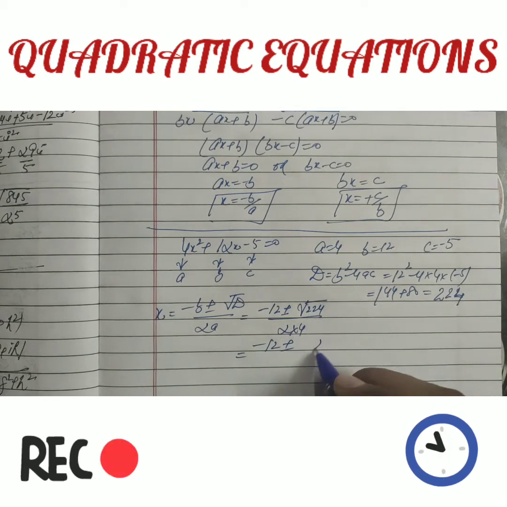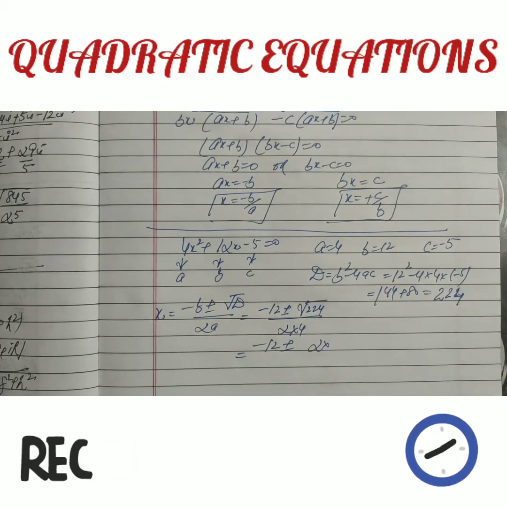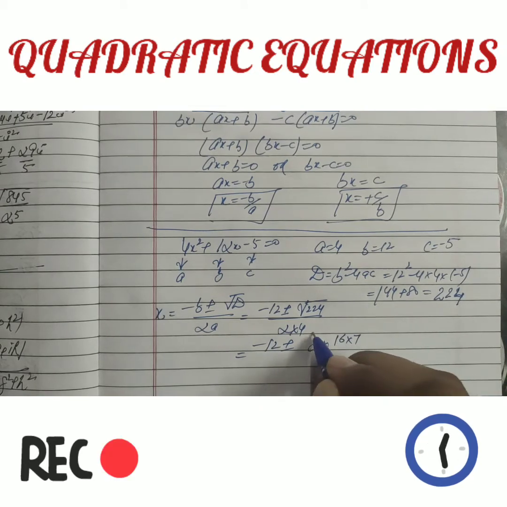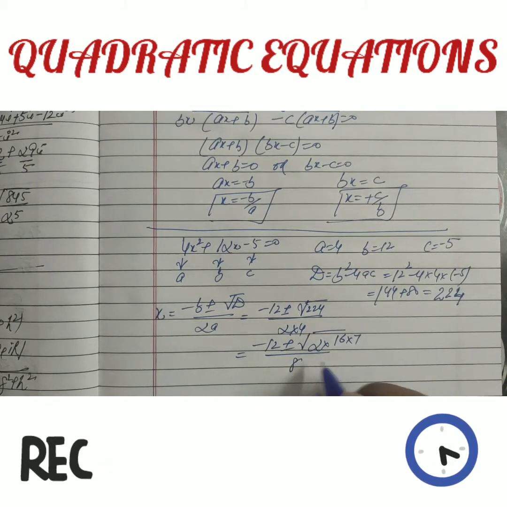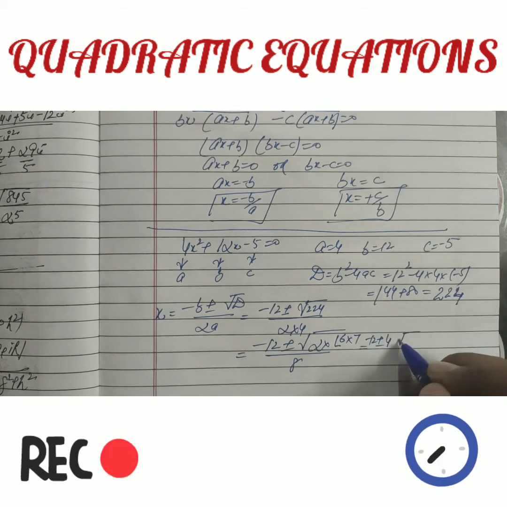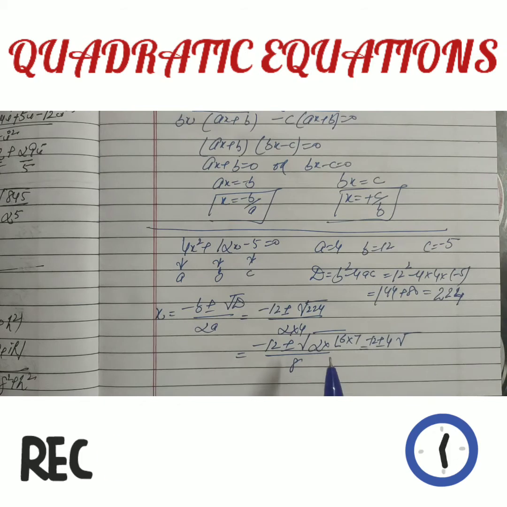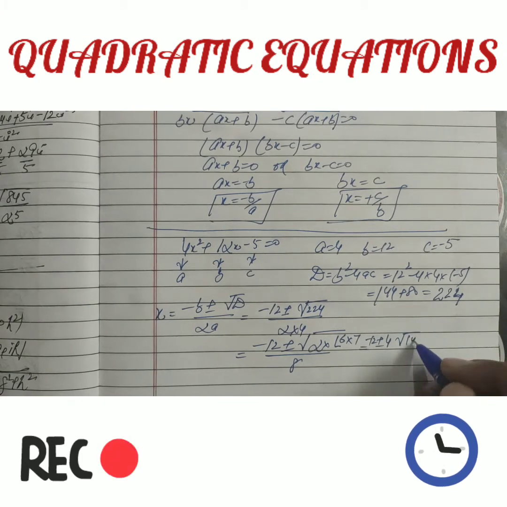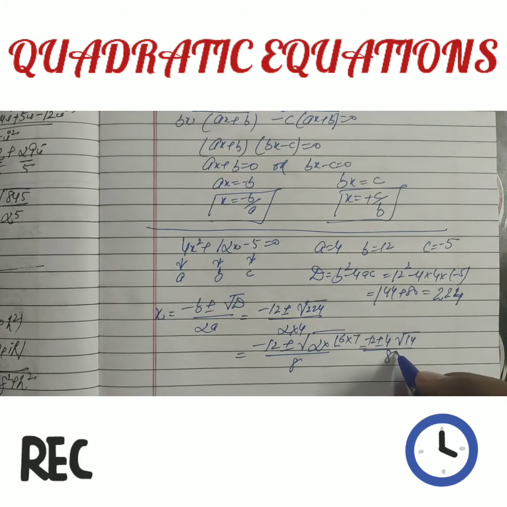If we divide by 2, the balance becomes 112. 112 is 16 times 7, divided by 8. Square root of 16 comes out, 4 outside, minus 12 plus minus 4. Inside, value left out, 2 multiplied by 7 means 14, divided by 8.